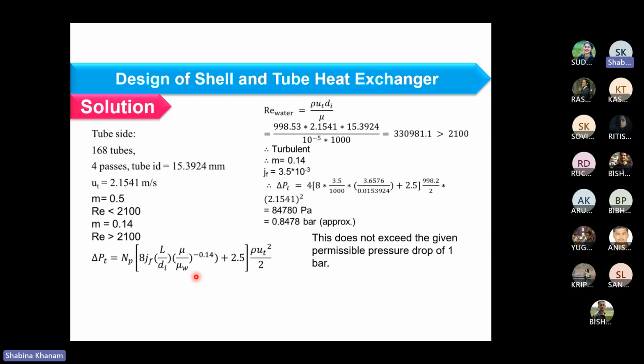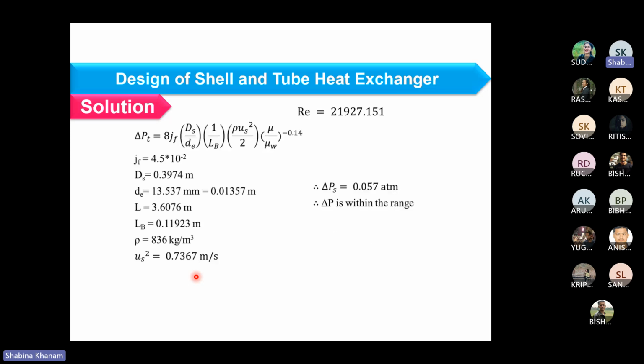The reason is that whatever part of the tube is available in the tube sheet will not participate in creating friction on the shell side. However, it will create friction on the tube side. Therefore, in the tube we consider total length, and in the shell we consider effective length. So you need to keep that correction in mind.